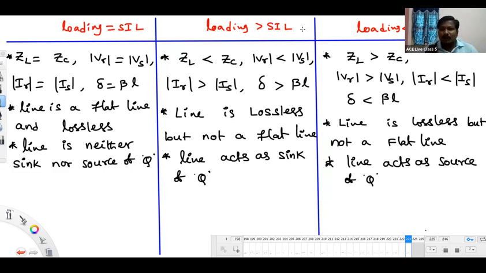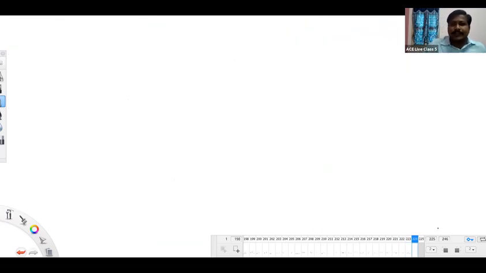Now, let's think about loading more than SIL and loading less than SIL particularly. I will be showing the voltage profile, how the voltage is changing from the sending end side to the receiving end side in a plot. So let's take that up.